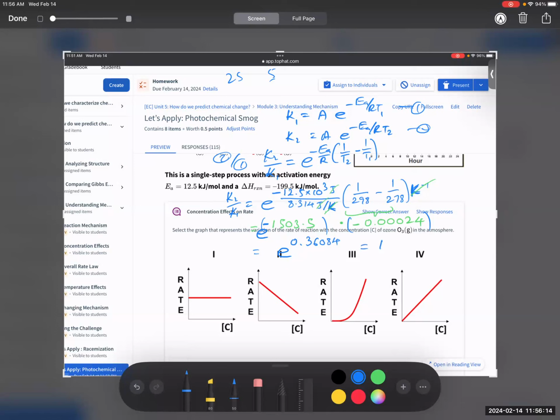We should check the numbers. 1.4345. So reaction 2 is 1.43 times faster than reaction 1. Not a big difference, but that's the number we get. 1.4345.